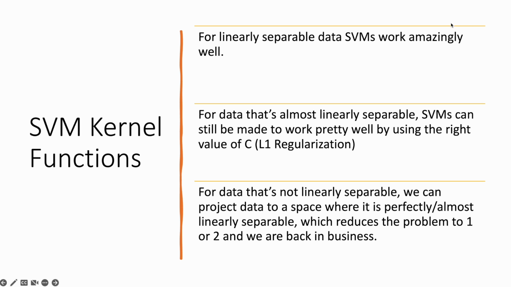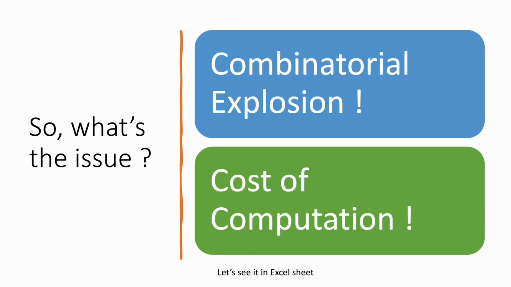It becomes linearly separable. Let's say that higher dimension is n, then an n minus 1 hyperplane should be able to linearly separate the data. And that's what the kernel does. Clear?